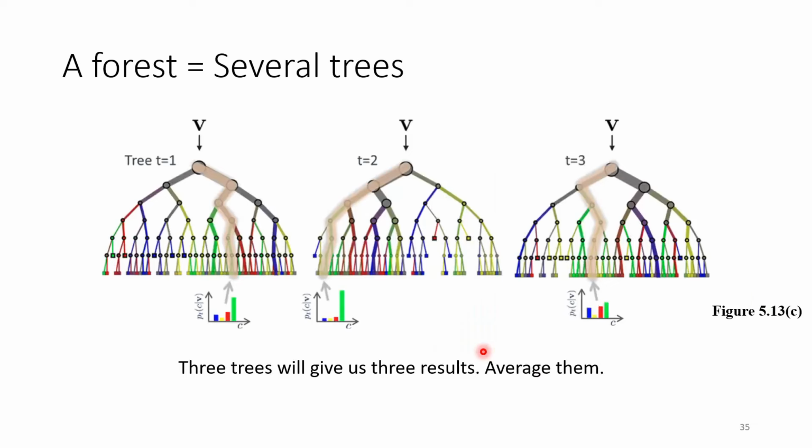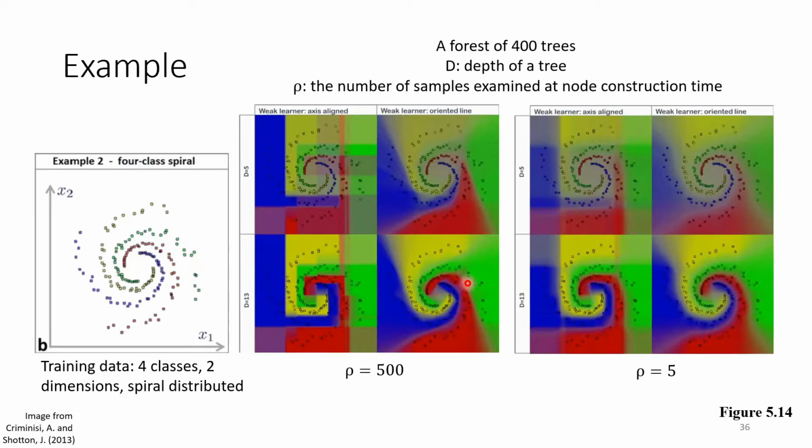Here you can see the depth of these trees: 1, 2, 3, 4, 5, 6. And another hyperparameter: when you split a node into 2 nodes, how many samples you should use. That is the third hyperparameter.